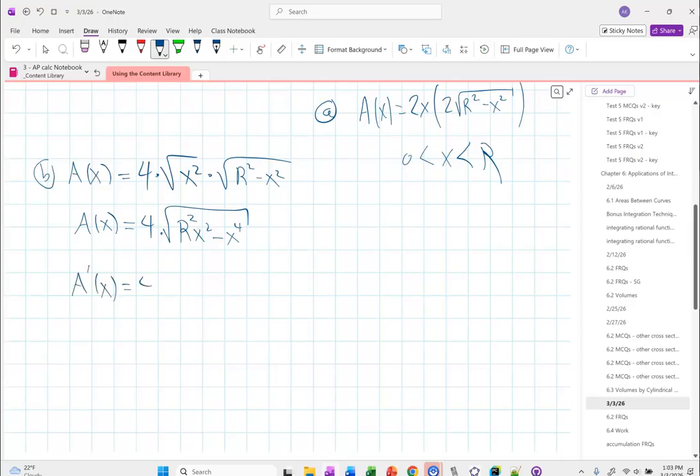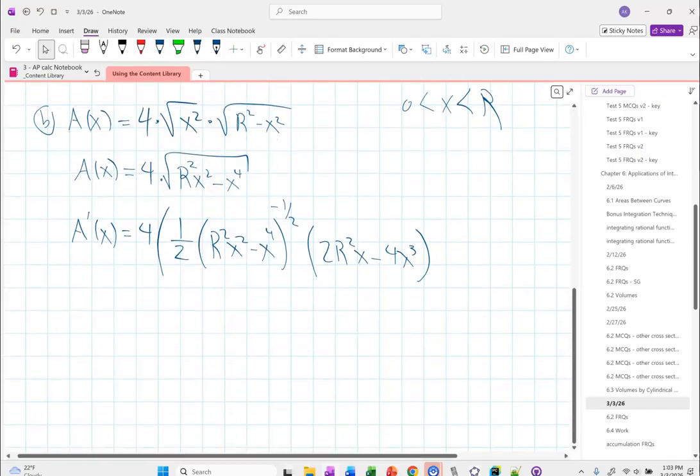So I'll do my derivative. I'm going to have 4 times the derivative of the outside, which is 1/2 inside to the negative 1/2, times the derivative of the insides. Everybody okay there? And so let's see.